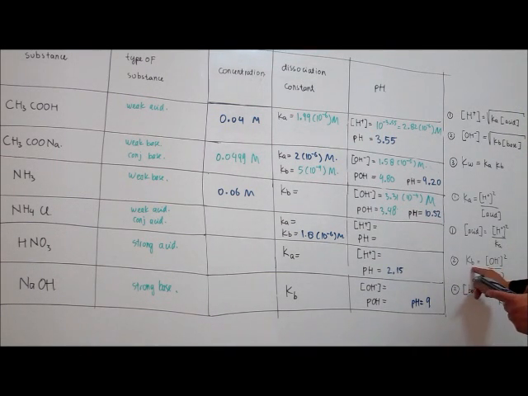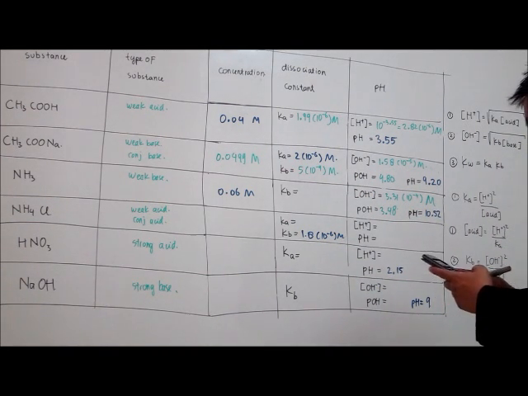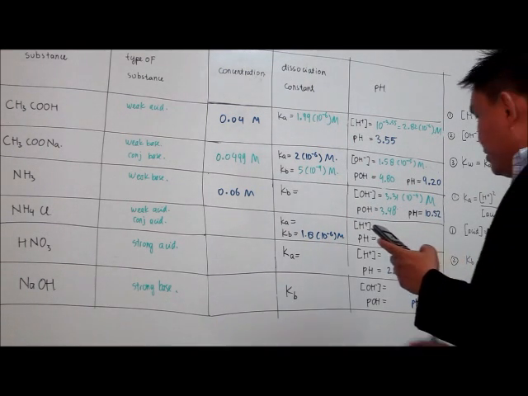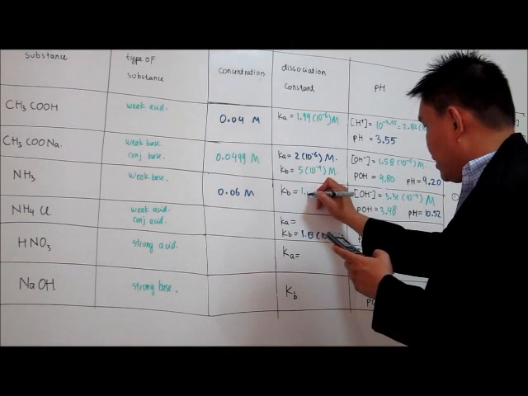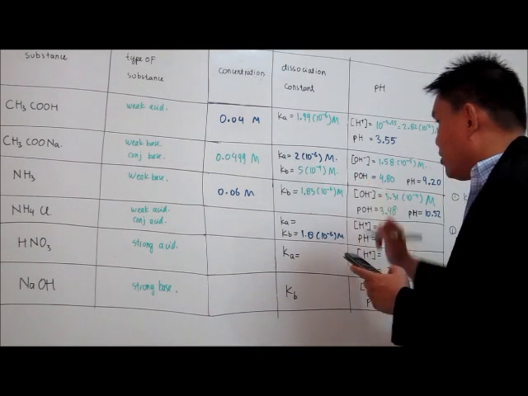To calculate Kb of a weak base, we need to use formula number 2, but make Kb the subject. So we must square the concentration of OH minus, and divide it by 0.06. You get 1.83 times 10 power negative 6 mole per dm cube.